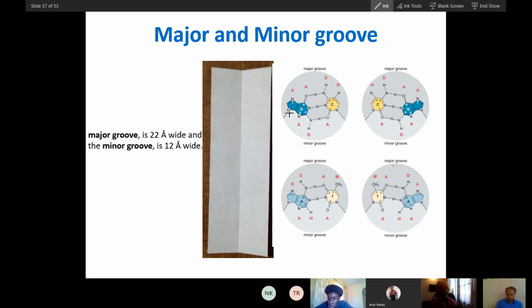You can see here, sugar is attached here, and here also sugar is attached. So what will happen is one side of this base has an acute angle. Other side of this base will have an obtuse angle. You can see this because this bond is at 9th position and 1 position. That is why acute and obtuse angle.